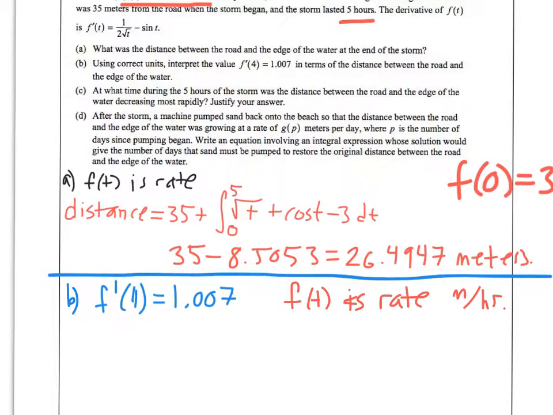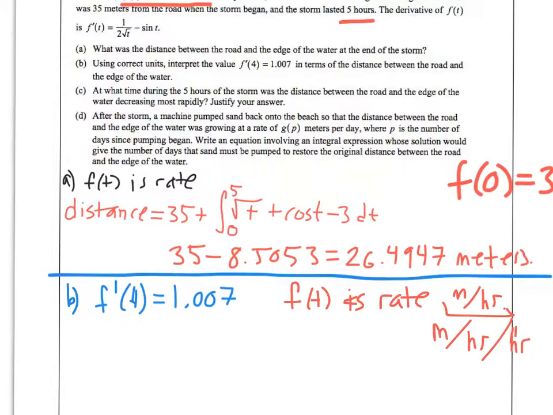The derivative of this is how fast this is changing. So this would be meters per hour, or meters per hour squared. And it would not be okay to call this acceleration. That's something really specific, but this is kind of like that.